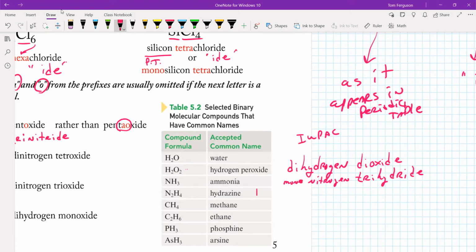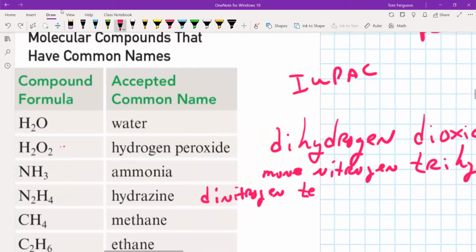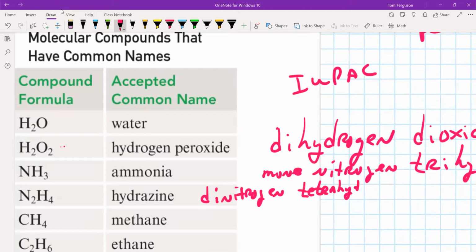This is going to be dinitrogen tetrahydride. This is going to be carbon tetrahydride.